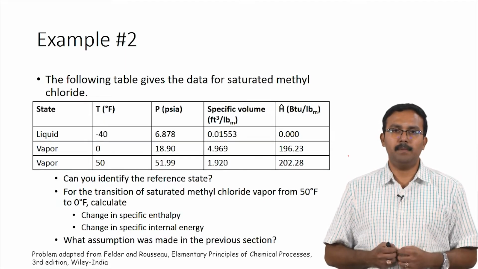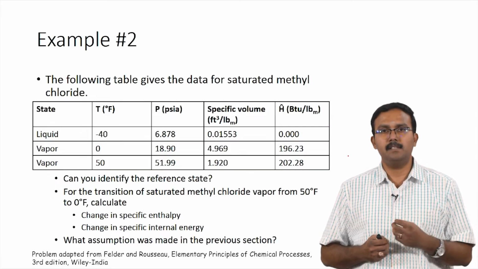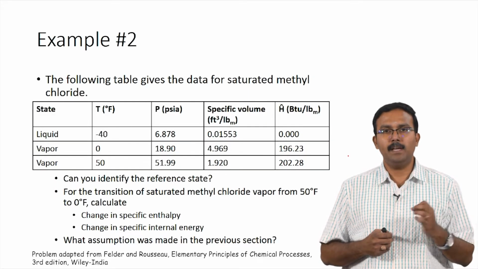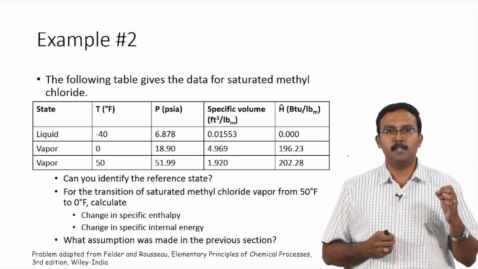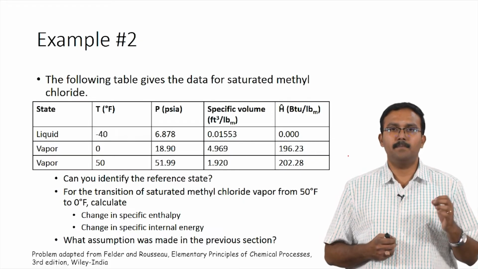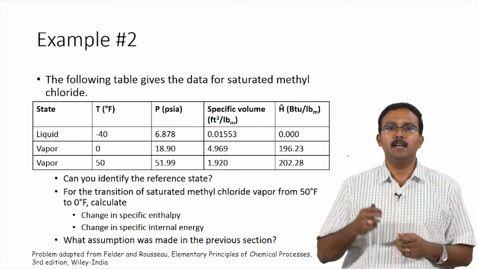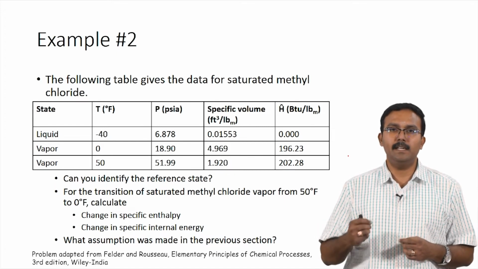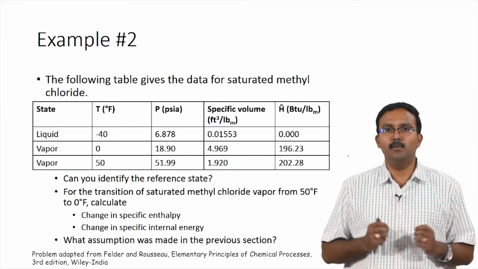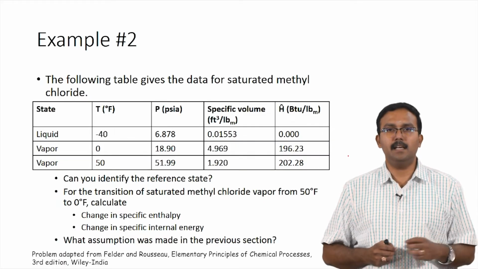This implies that this particular condition would be the reference state used for this table. So, what we have is the specific enthalpy value of methyl chloride present as liquid at a temperature of minus 40 degrees Fahrenheit and pressure of 6.878 psi relative to a reference point is 0, which means these two would have to be equal, implying this is the reference state.